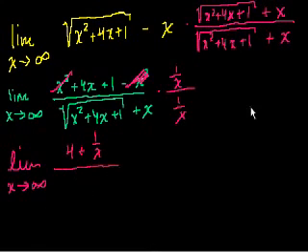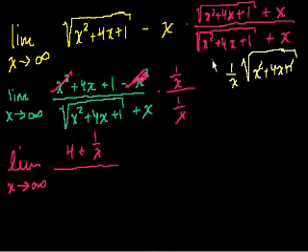over... Let me ask you a question. What is 1 over x times this thing? This is a bit of an algebra review, but what's 1 over x times the square root of x squared plus 4x plus 1? I'm just doing a little aside here. Well, if we take the 1 over x and put it into the radical sign, it becomes 1 over x squared, right?